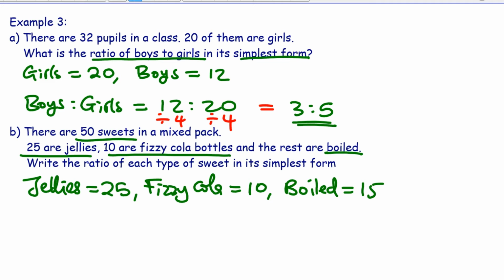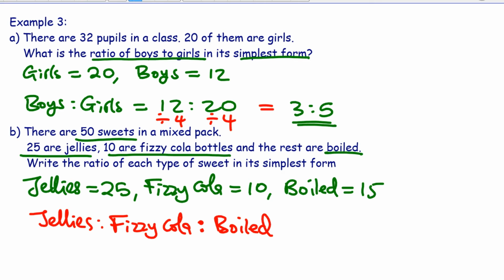So the ratio of jellies to fizzy bottles to boiled, okay, remember this is a ratio, will be equal to 25 to 10 to 15.